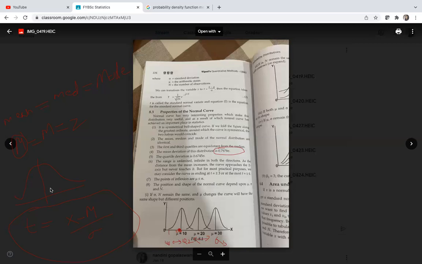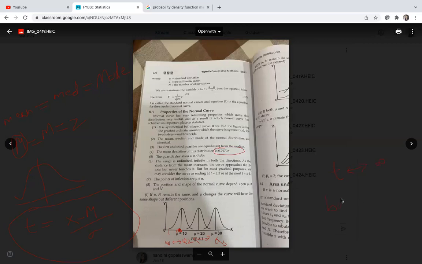Any doubts so far? Class? No, ma'am. But practically when you want to solve the problems, right? This area जो है ना, we consider it as t actually tends to infinity.